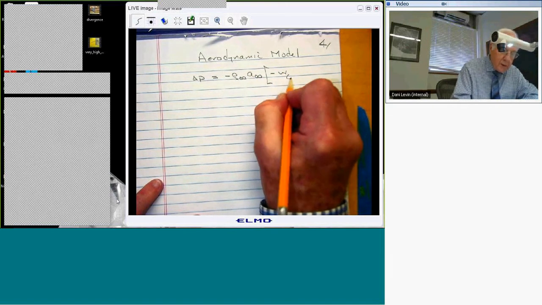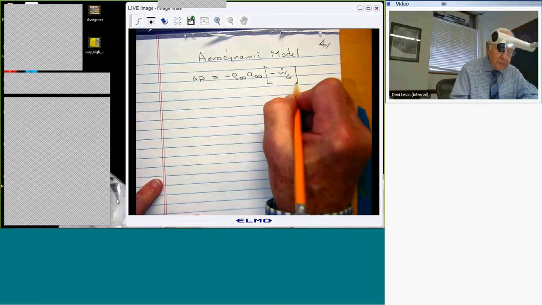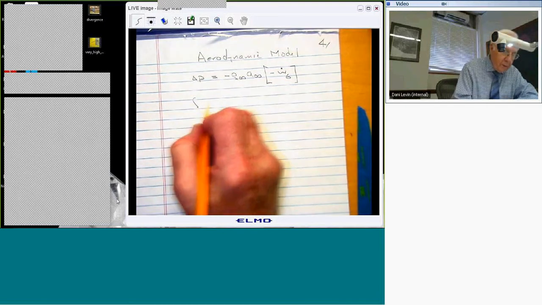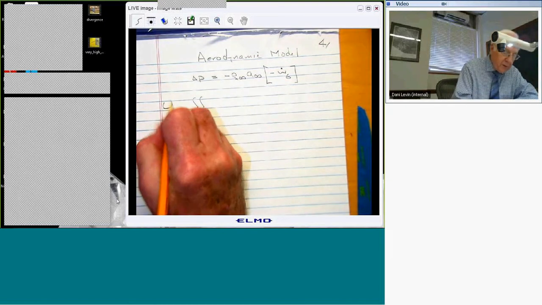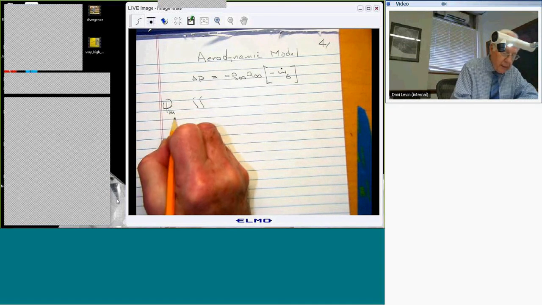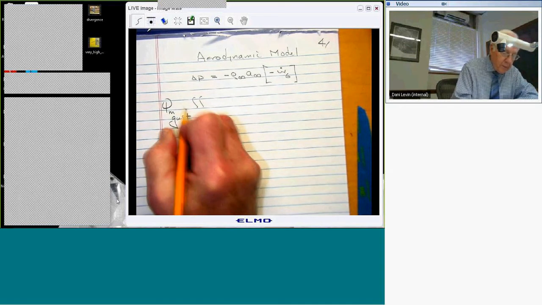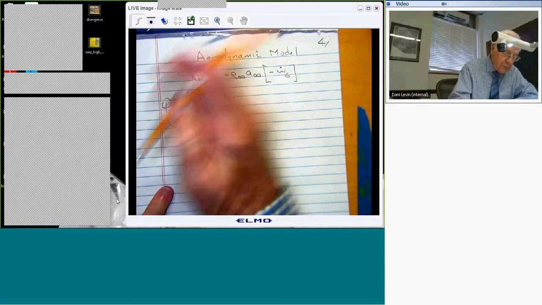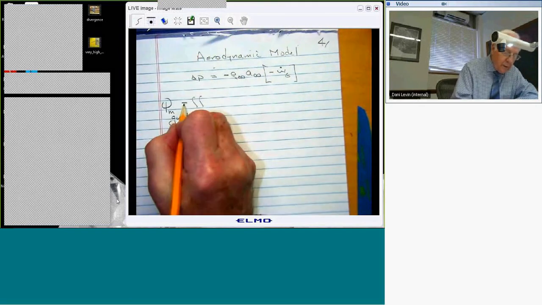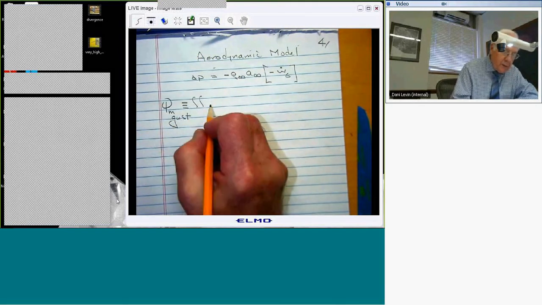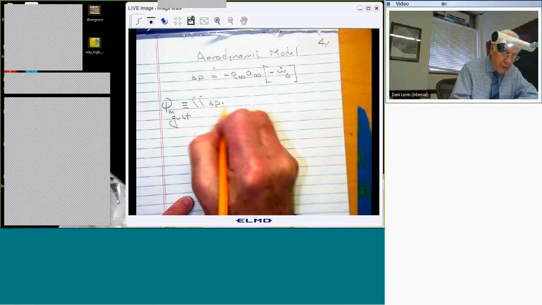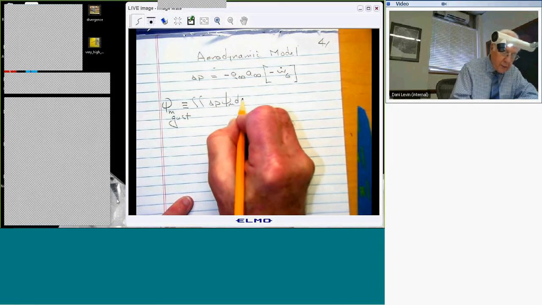I'll put a dot there. And then we want to know what the generalized force is due to the gust. And by definition, it's the pressure times the mode shape, dx dy.